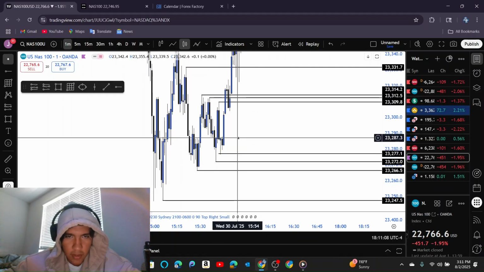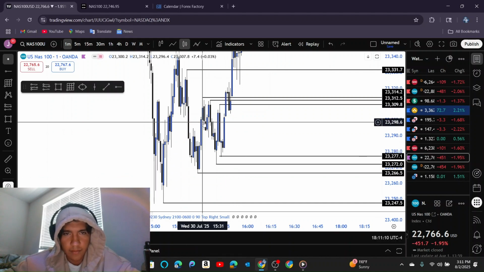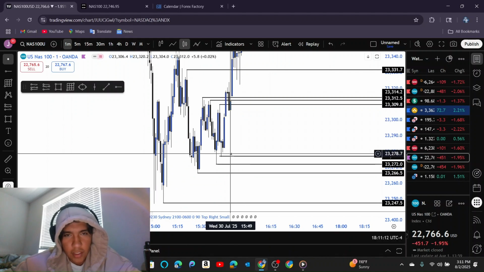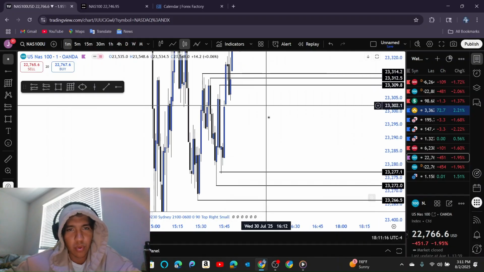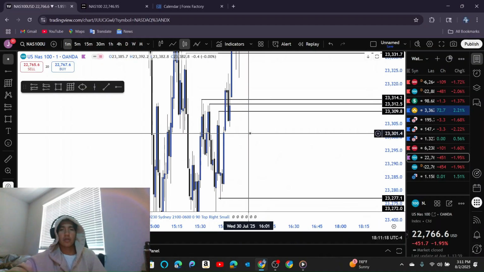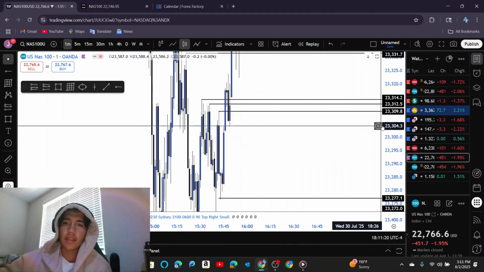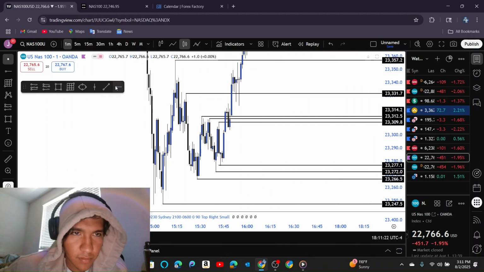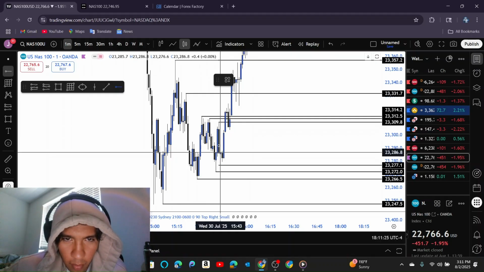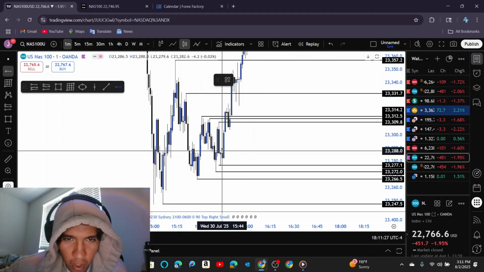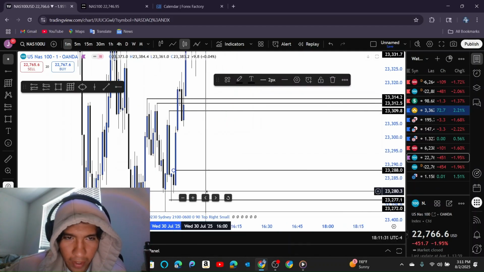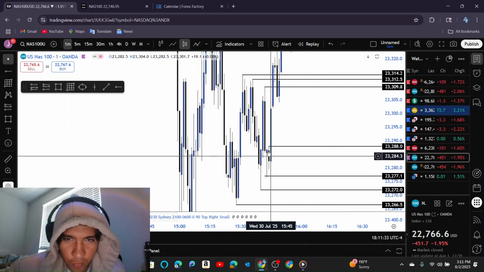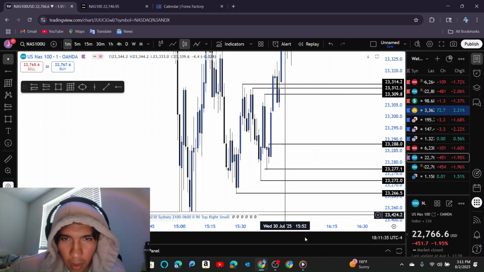There we go, because that is a low two. Either way, these three are way more separated than these three. So obviously price is just going to draw right to those, correct? Well, what do we get out of that? Right before that, move down, move up, move up, move down, move up, move down. That is a high, ladies and gentlemen. Whether you like it or not, that is a move up and a move down. High. Mark it out. Boom.